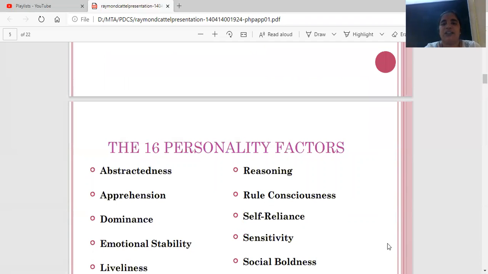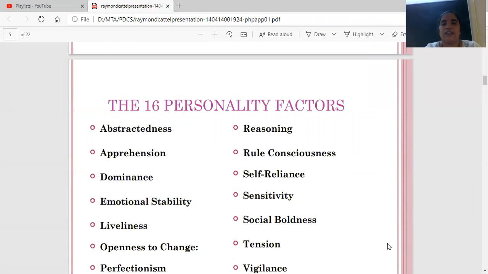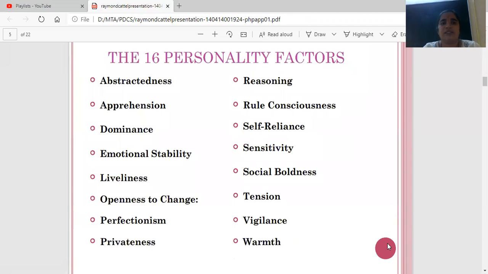So these are the 16 personality factors, which include abstractness, apprehension, dominance, emotional stability, liveliness, openness to change, perfectionism, privateness, reasoning, rule consciousness, self-reliance, sensitivity, social boldness, tension, vigilance, and warmth.